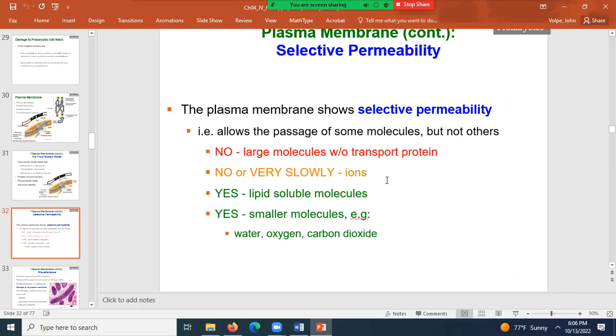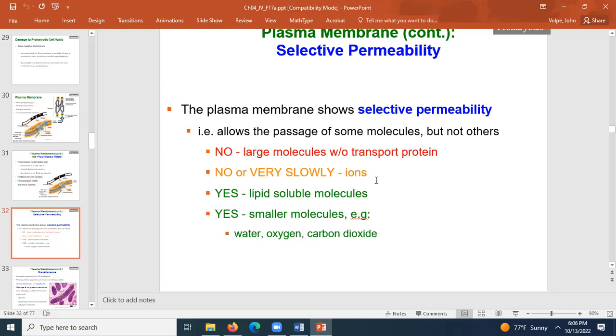Ions either do not pass the cell membrane, or if they do pass, they pass very, very slowly. And that is, ions do not like going through the bilayer of the fatty acid.